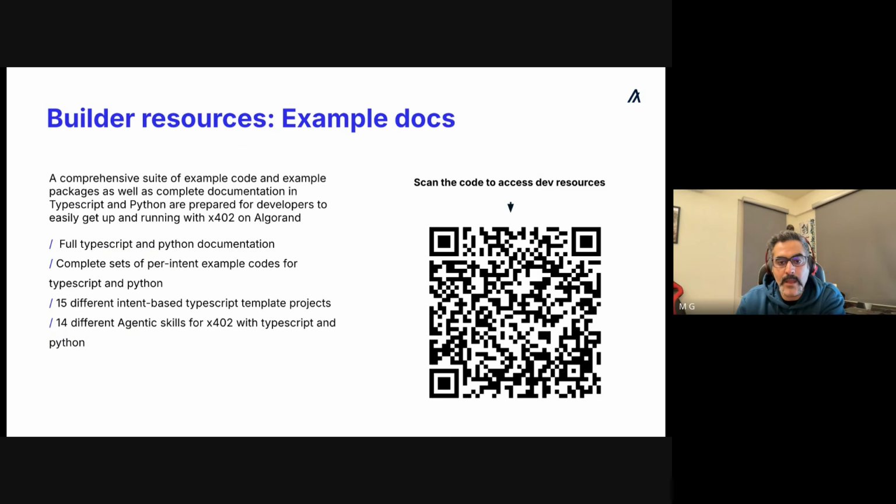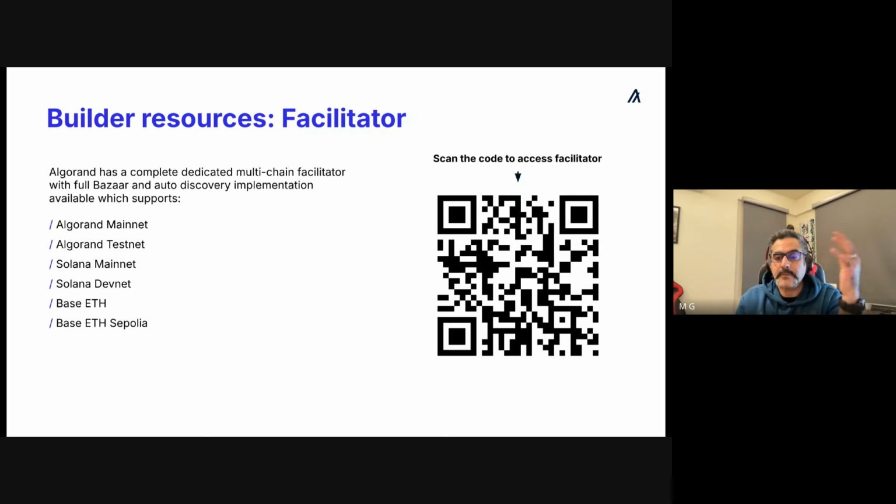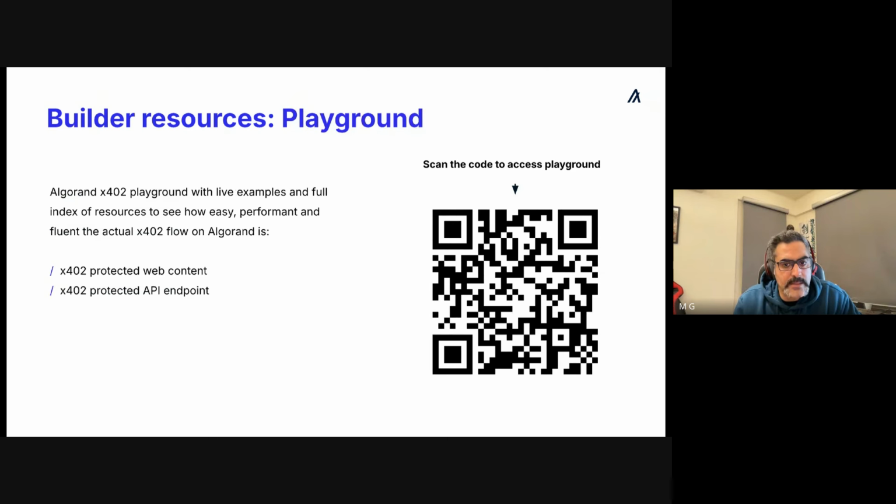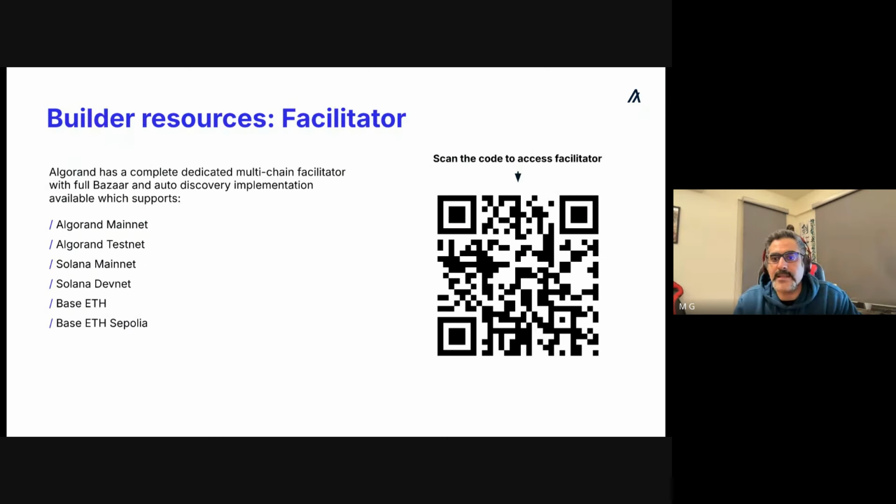And regarding the facilitator, scanning this QR code will take you to the API documentation of the Algorand dedicated facilitator. Right after this slide, I will share my screen and give you some overview of the API docs for the Algorand facilitator, but feel free to scan this one and it will take you to the API docs.